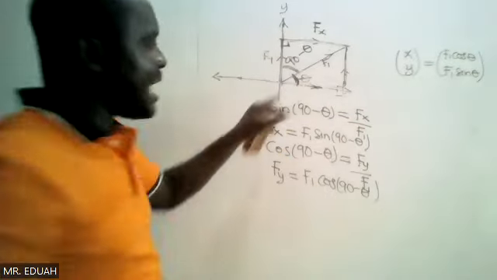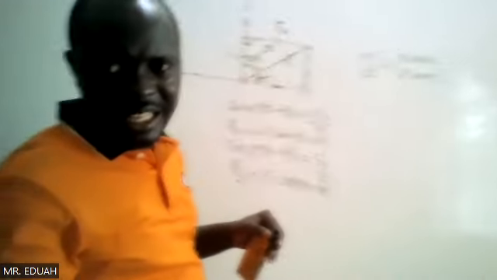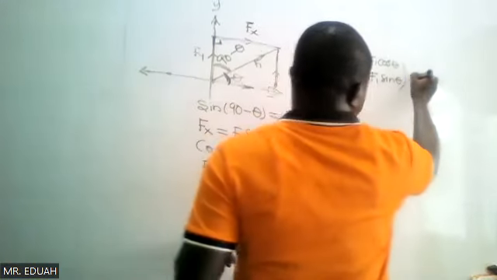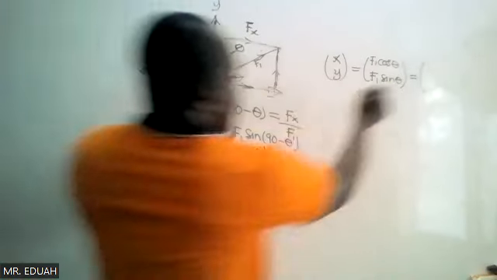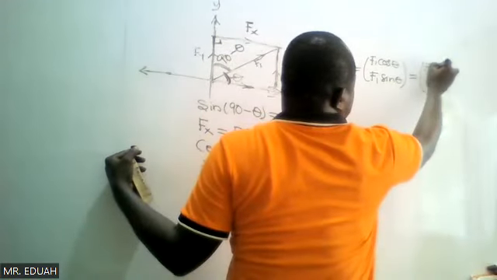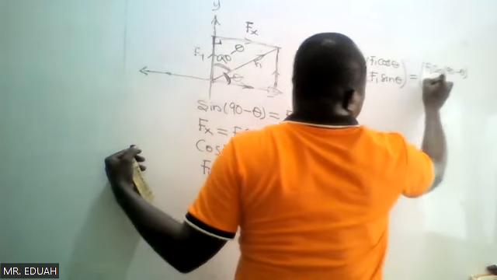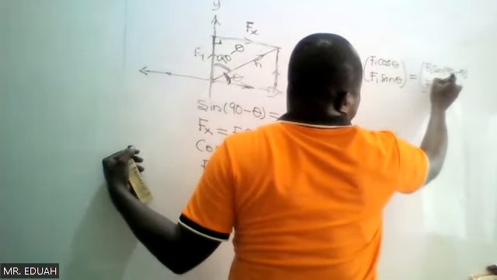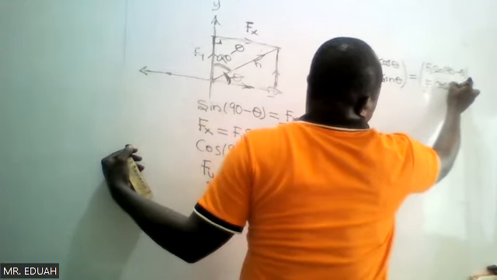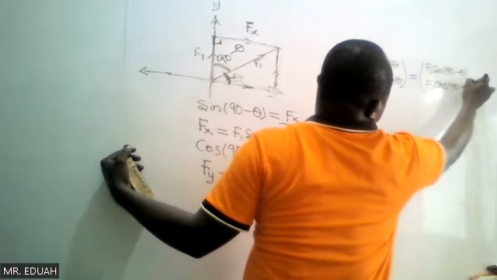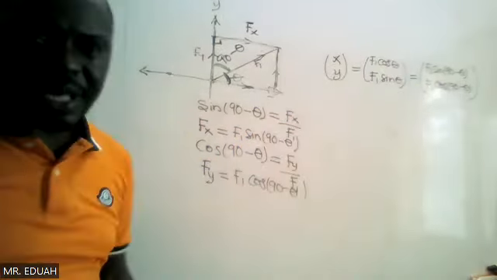If we're looking at the angle it makes with the y-axis, the same thing is equal to, Fx now is F1 sine of 90 minus theta, Fy is F1 cos of 90 minus theta.